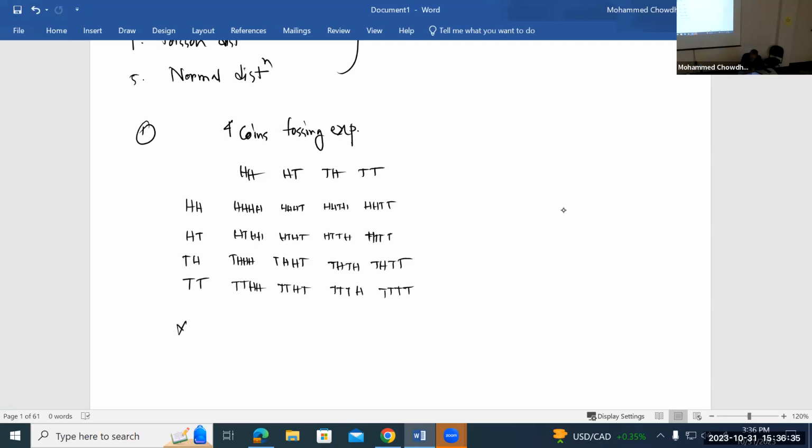Now I want to put X equal to the number of heads. Then I have 0 head, 1 head, 2 head, 3 head, 4 head.